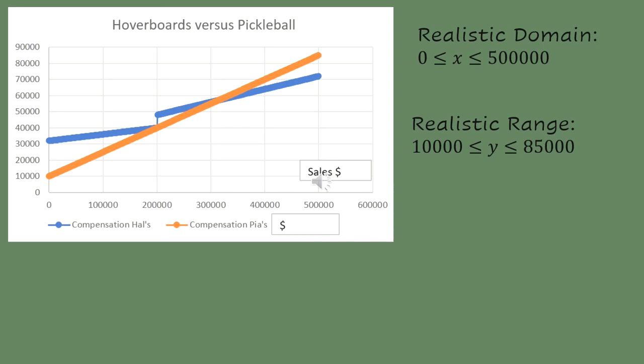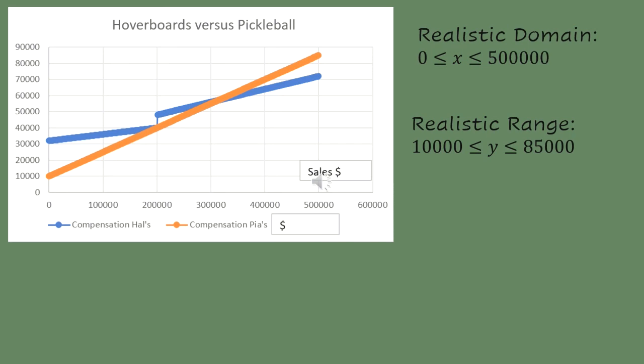Then again, negative numbers do not make sense for the domain because you're not going to have negative sales. And so the domain would be any value of x between 0 and 500,000. Again, 500,000 is just taking a stab at what might be a maximum amount of sales within a year. Once the domain is restricted, it does also restrict the range.